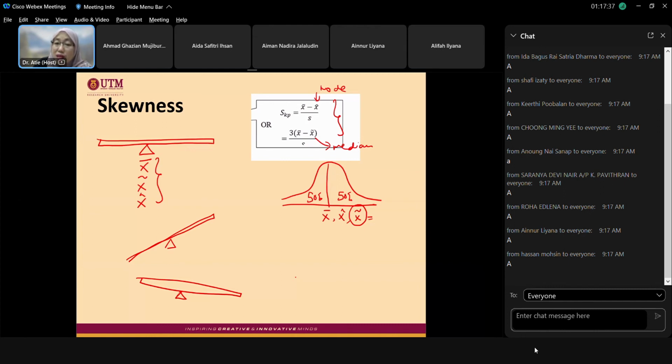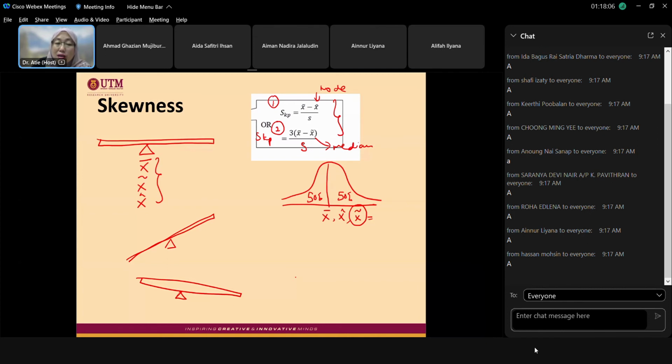If you don't have the mode value, then you need to use the second one. This is the first formula, and this is the second formula. If you have all the information on the mean, standard deviation, mode and median, you can use either one.